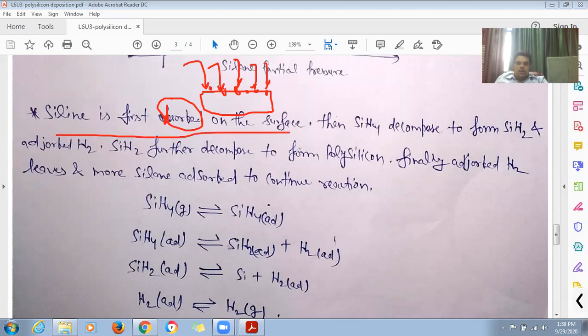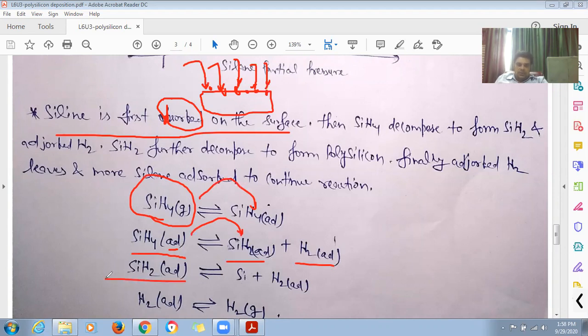Now SiH4, that was gas, adheres to the surface. Then this SiH4 that has been adsorbed on the surface decomposes into SiH2 and hydrogen, which are also adsorbed.